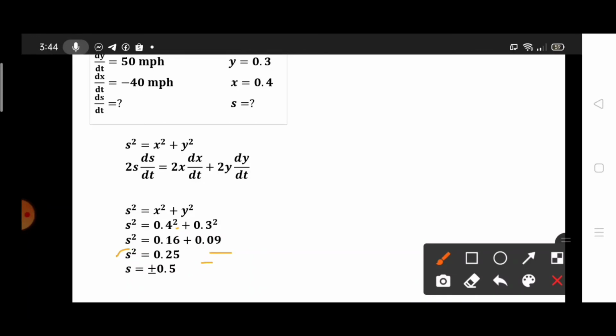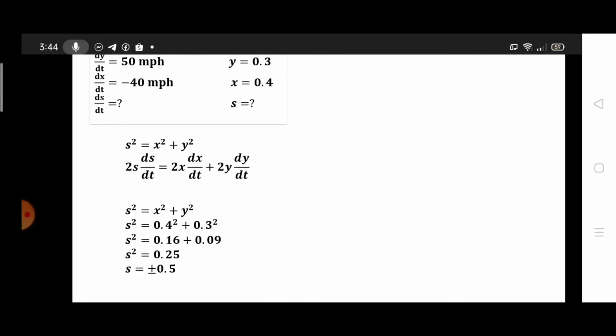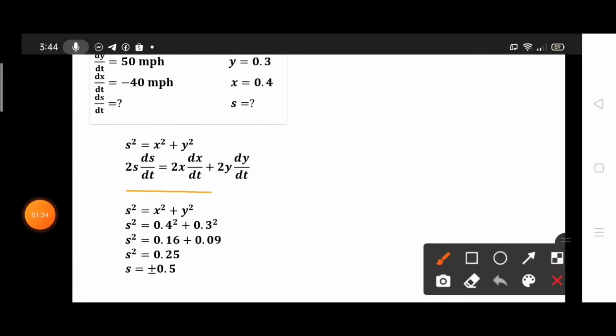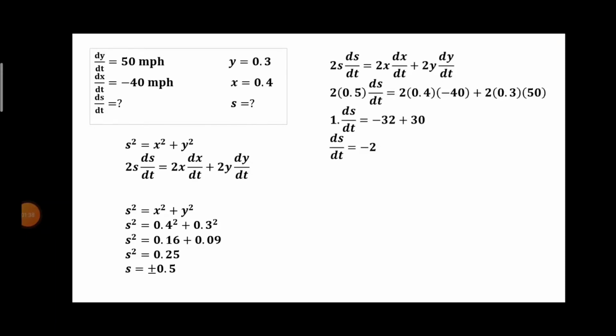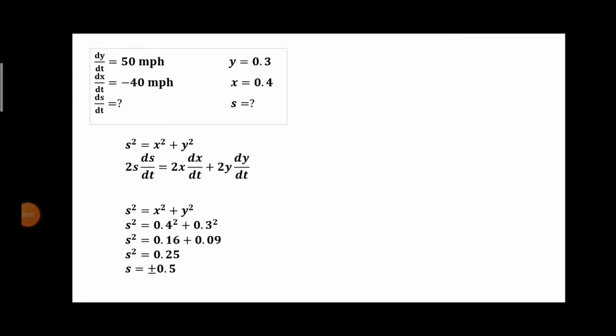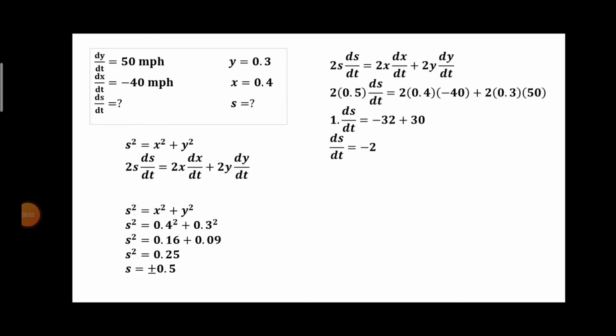Now we have to put everything into our equation and substitute the values of x, y, and s. We have 2s ds/dt equals 2x dx/dt plus 2y dy/dt.